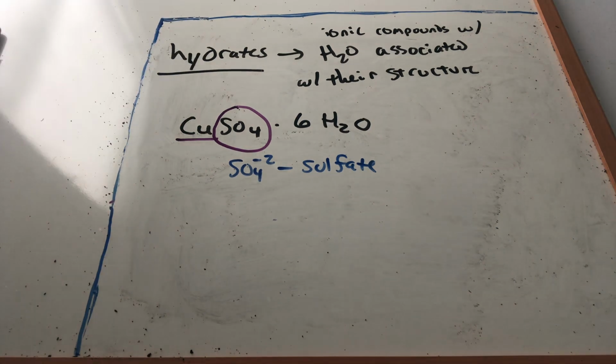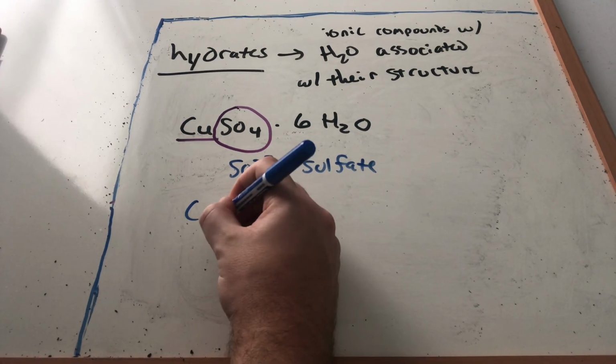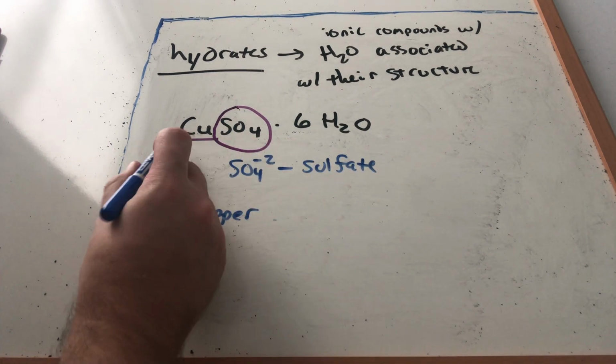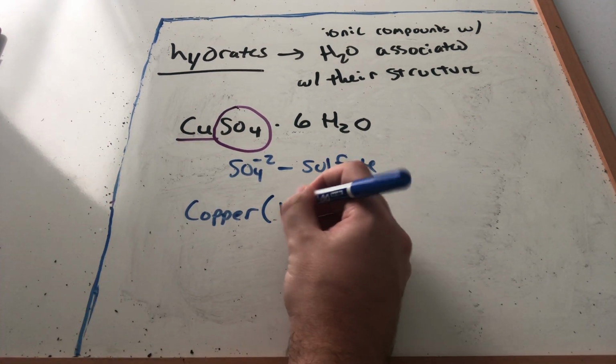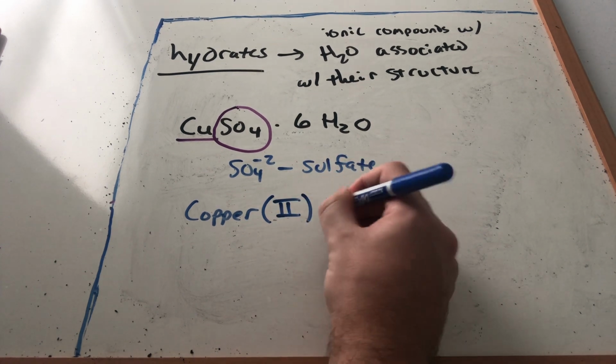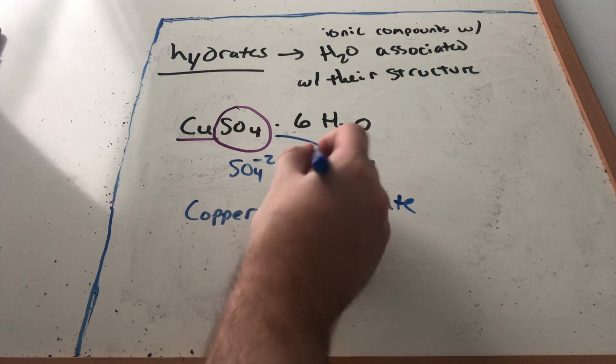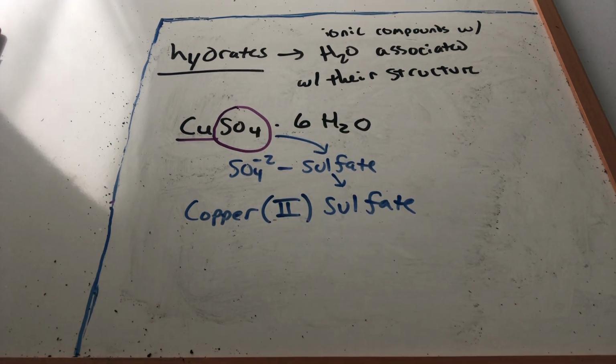So with all that in mind, I'm going to name this copper. What's the charge of the copper to balance out this -2? There's only one copper, so this must be copper 2 sulfate, because the anion is just the name.